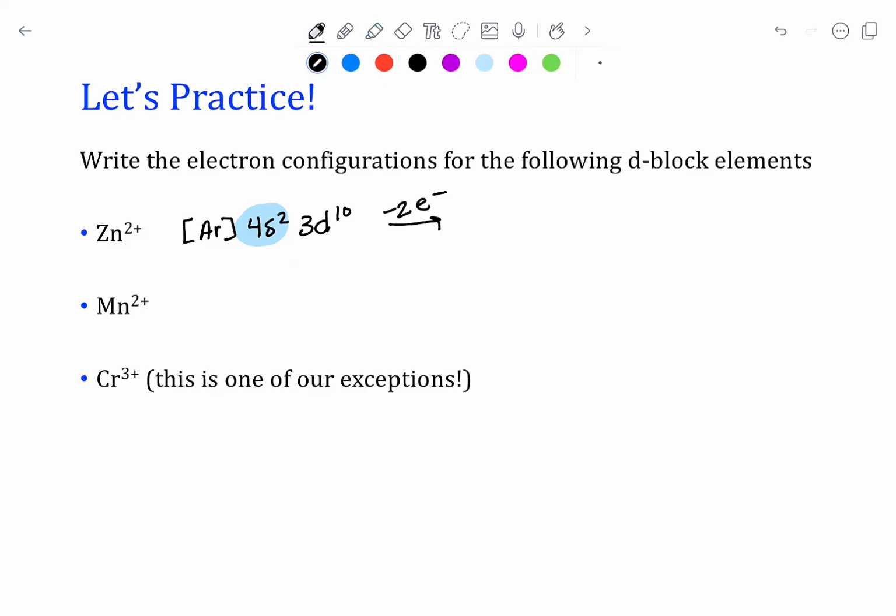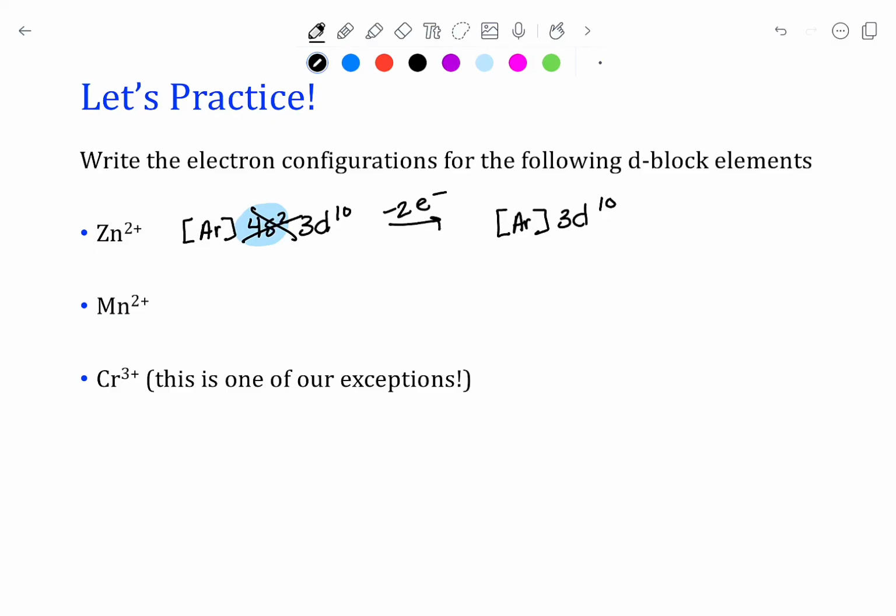I'm going to be left with argon 3d10, because I essentially got rid of that entire s orbital. I got rid of the 4 shell in general. It's not even there anymore, so it just goes away.